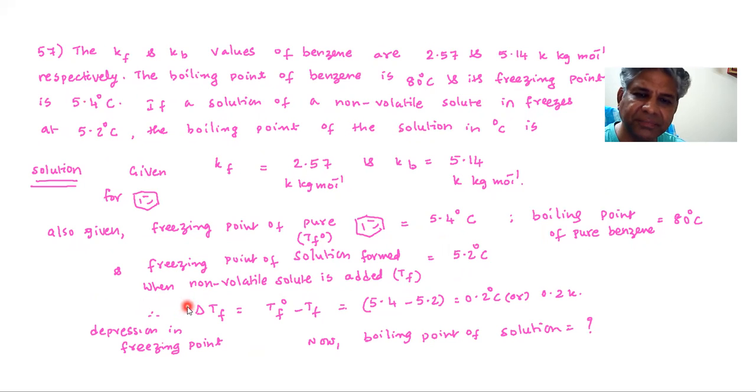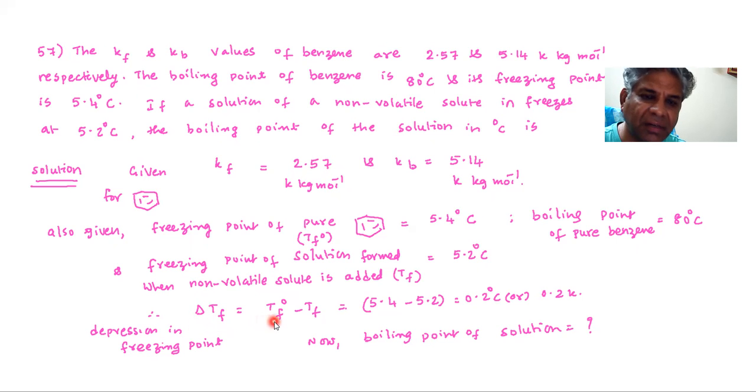We know that there is always a depression in the freezing point. When a non-volatile solute is added, the vapor pressure of the solution decreases compared to the vapor pressure of the pure solvent. Once the vapor pressure of the solution decreases, the freezing point also decreases. Now calculate the delta Tf value.